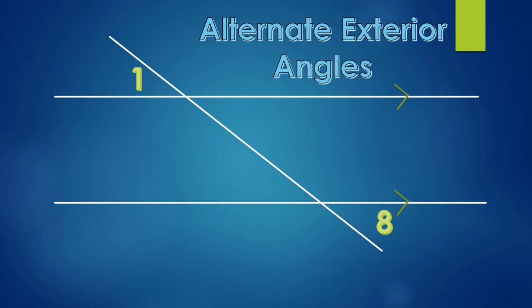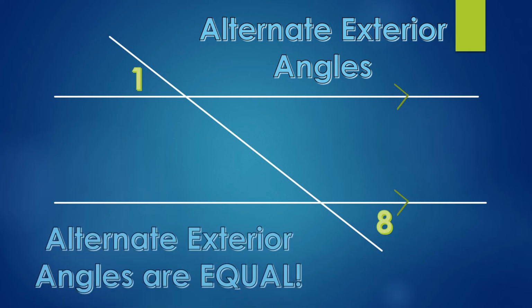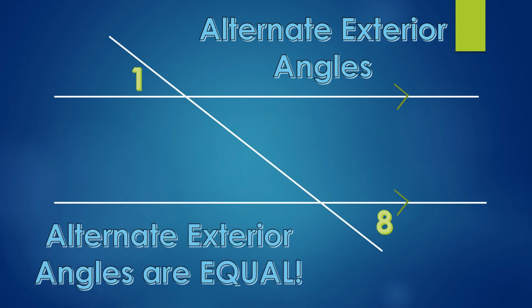Now again, if you look at it and you took those two angles and you put them together, they would look exactly the same. Flip them on top of each other. So, what do you think? Alternate exterior angles are equal. So again, if I took angle 1 and said that that was 45 degrees, angle 8 would also be 45 degrees. So alternate exterior angles are equal.